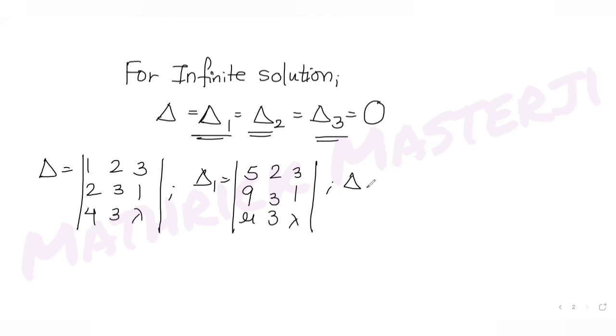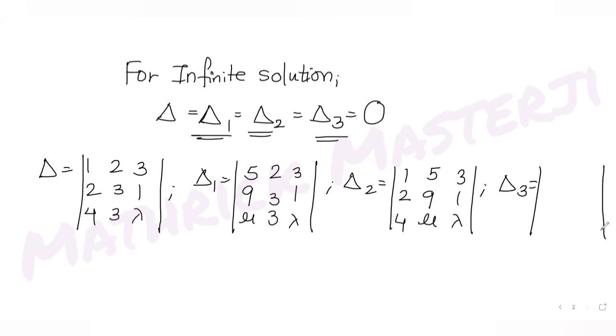If I want to find the determinant Δ2, I will use those constants in place of the coefficients of y, and write the x and z coefficients as they are. And for Δ3, I can use x and y as they are, and instead of the z coefficients, I write the constants. Now we know that all of them are equal to 0.